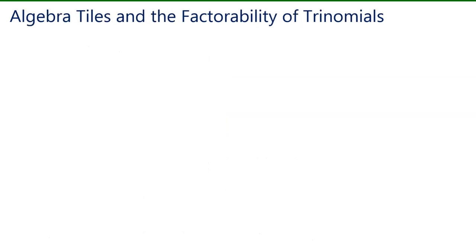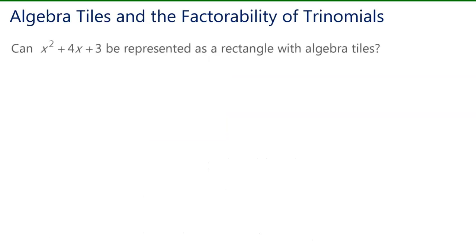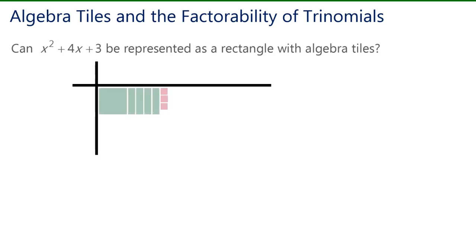Let's look at algebra tiles and the factorability of trinomials. Can x squared plus 4x plus 3 be represented as a rectangle with algebra tiles? We start with our t-square. Here's the tiles representing x squared plus 4x plus 3. These do not make a rectangle. Let's try a different arrangement.